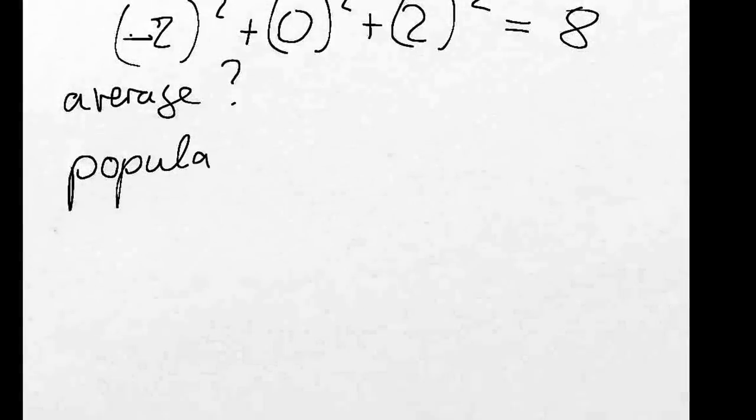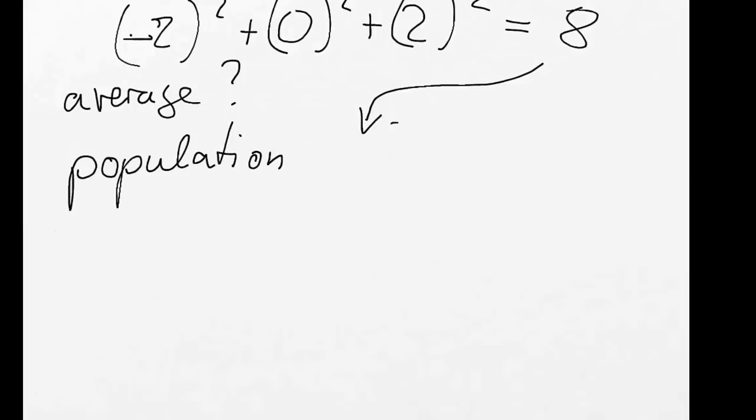If we have a population, we use this number and say we know everything about a population, so we don't have to worry about anything, and we just simply divide by the number of data points in this population.